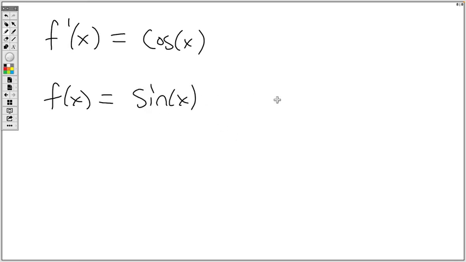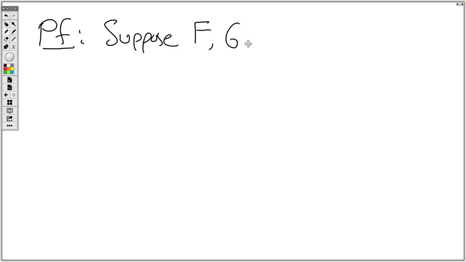And if you want to capture all of them, if you want to catch all the antiderivatives, all you have to do is tack on a what? C. And you're guaranteed that every antiderivative is going to be one of these. You follow? Now the proof of that, it's kind of like a two-liner because it has to do with the mean value theorem. So suppose capital F and capital G are antiderivatives.